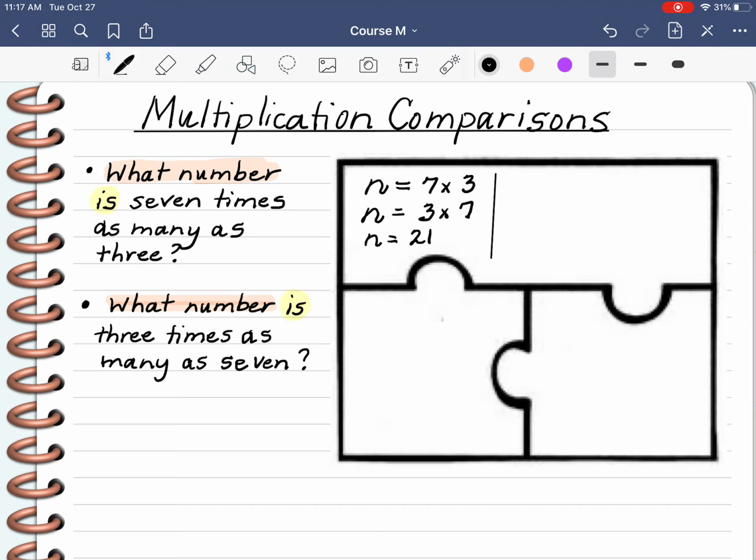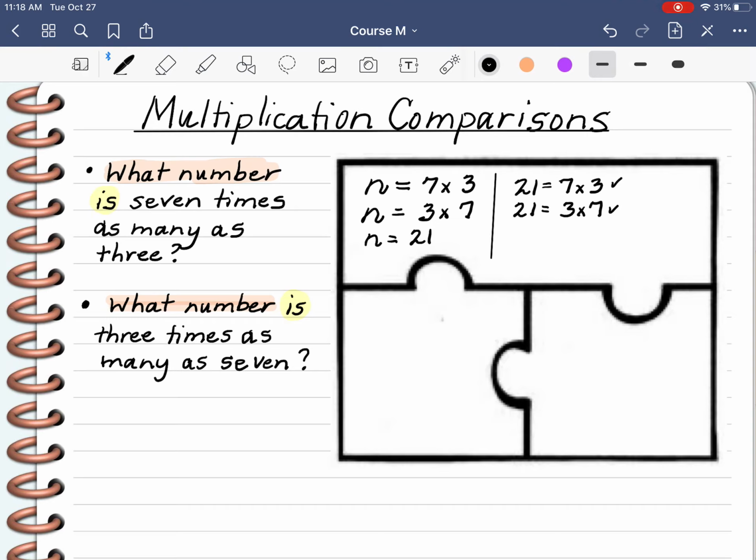Instead of n, I'm going to put the 21. 21 equals 7 times 3. 21 equals 3 times 7. So in both of those situations, 21 makes a true equation. Okay? So 21 fits in both equations.